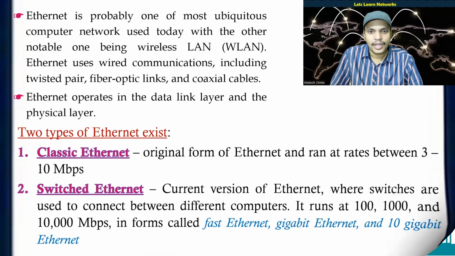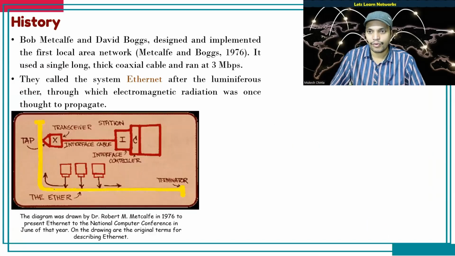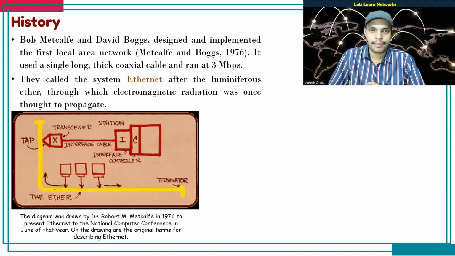Now, before we delve into the frame format, let us discuss some of the history of Ethernet. Bob Metcalfe and David Boggs are the two people who actually designed and implemented the first local area network. They also published a paper, Metcalfe and Boggs, in 1976.